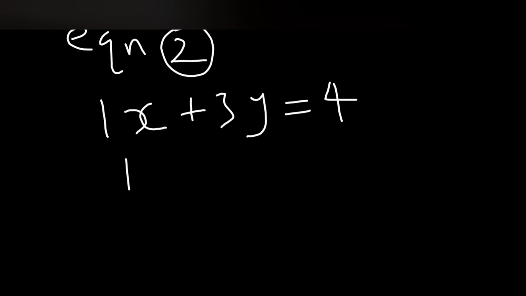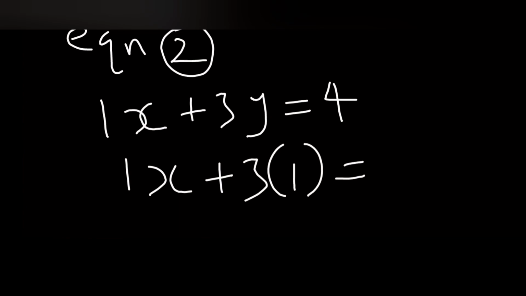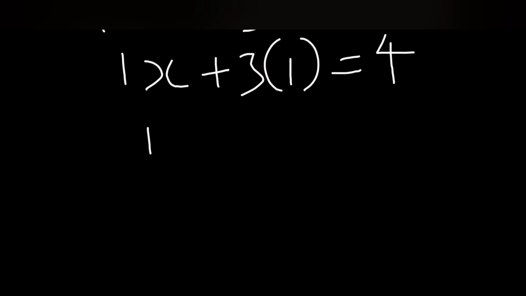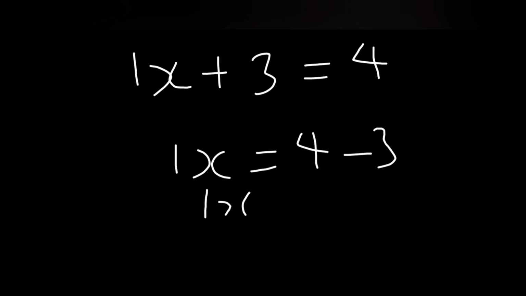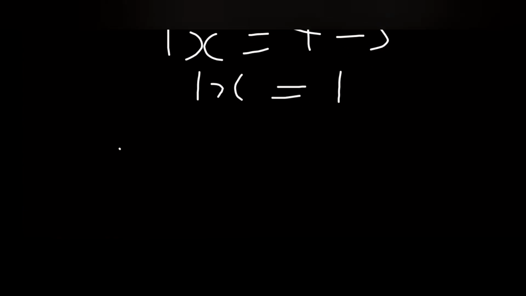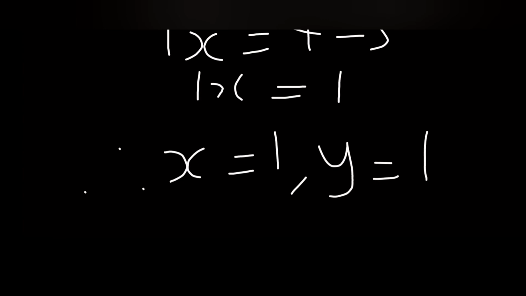So it's going to look like 1x plus 3 times 1 in brackets, which will now be 1x plus 3 times 1, which is 3. So you collect like terms. Once you collect like terms, it will be 1x is equal to 4 minus 3. So your 1x is going to be what? 1. Therefore, x is 1 and y is 1.